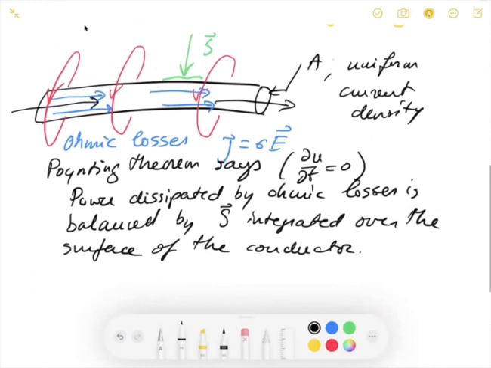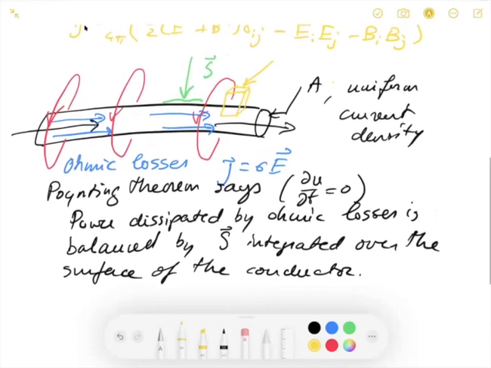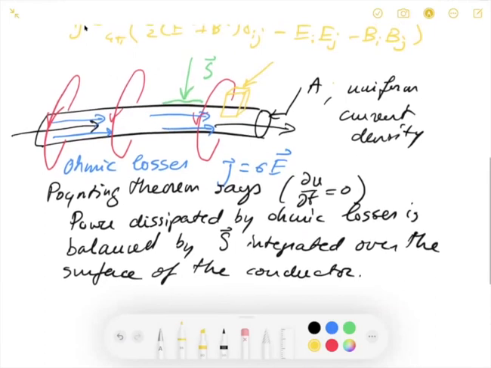The Maxwell Stress Tensor also has something to say about this situation, but it's a little harder to work with. For instance, we could put a little Gaussian surface here with the right symmetry, and then the Maxwell Stress Tensor, if we do that correctly, would find that both the E field and the B field cause a pressure to be exerted on the current carrying wire.